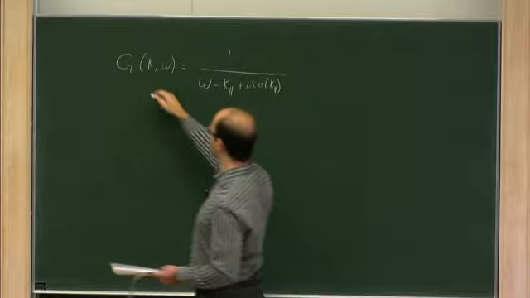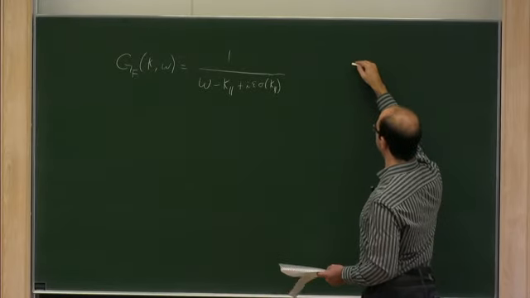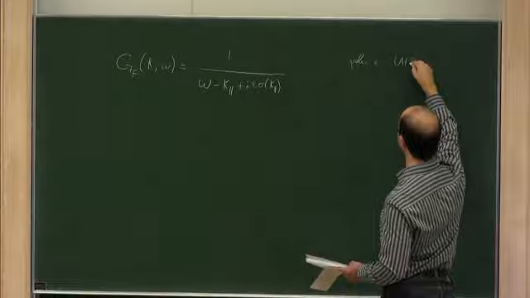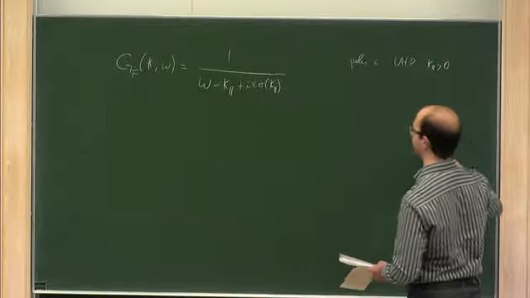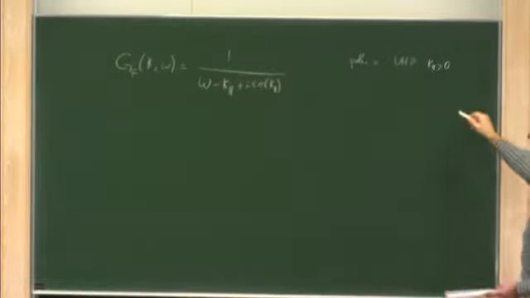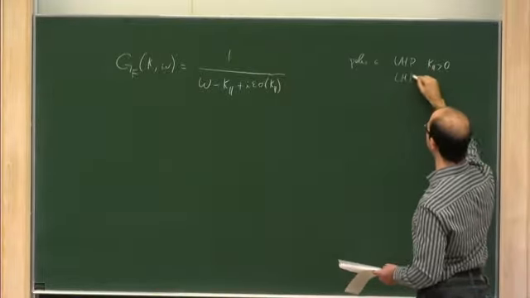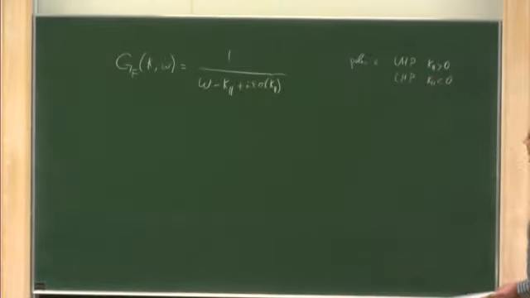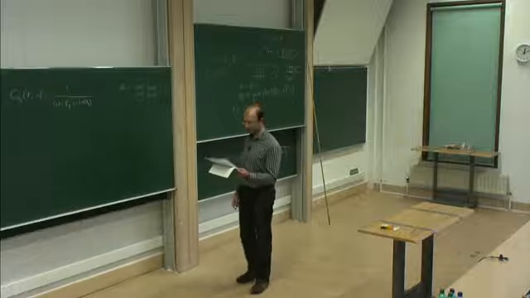So this gives the Feynman propagator, with the property that the poles are in the upper half plane for positive k parallel, where k parallel is the distance from the Fermi surface, and in the lower half plane for negative. And also it coincides with the retarded one or the advanced one, depending on the sign of omega.